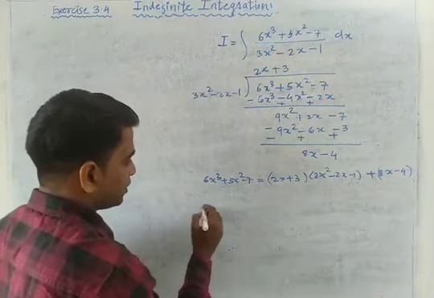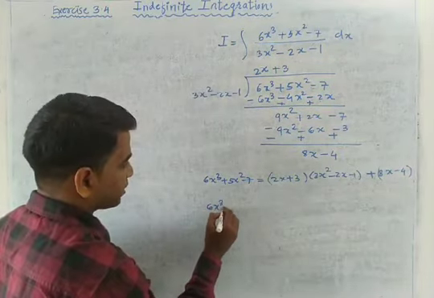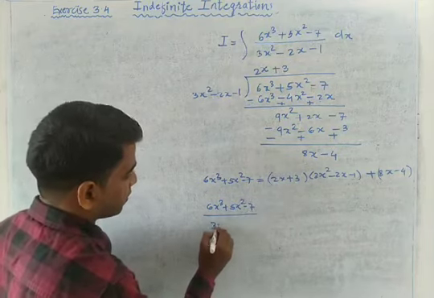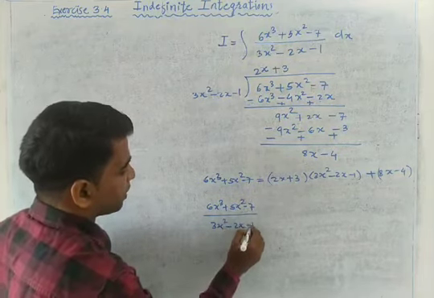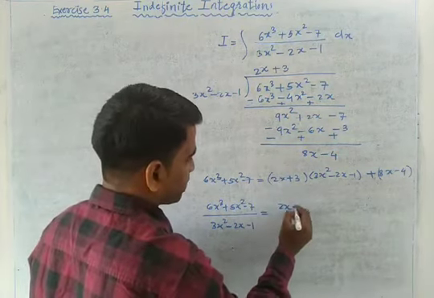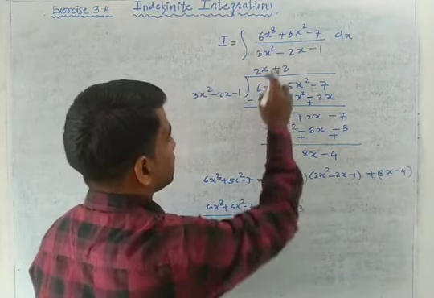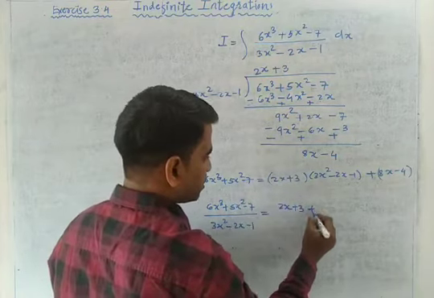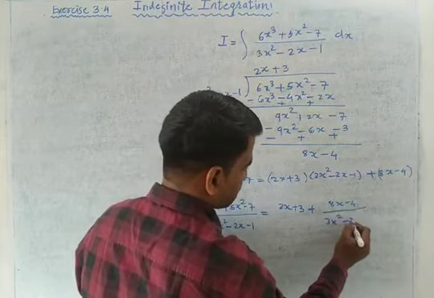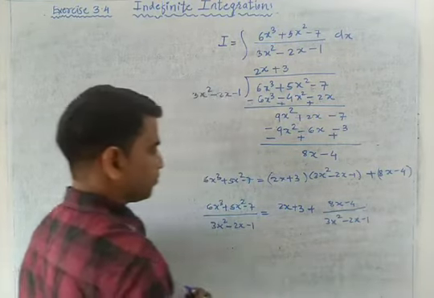Therefore 6x cube plus 5x square minus 7 upon 3x square minus 2x minus 1 can be written as 2x plus 3, plus 8x minus 4 upon 3x square minus 2x minus 1.